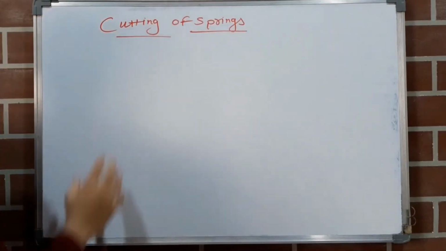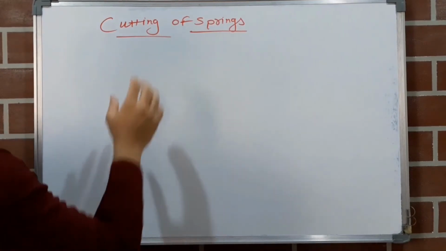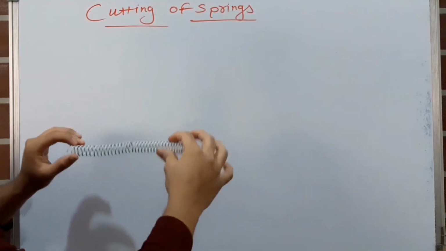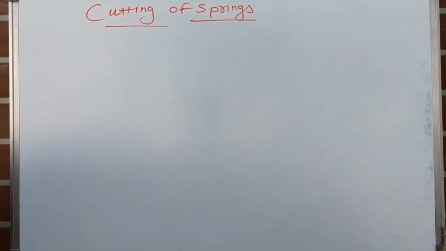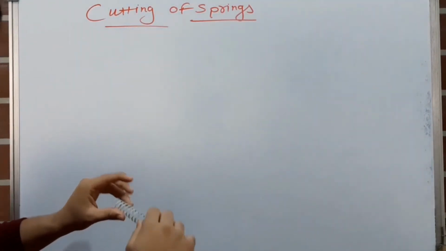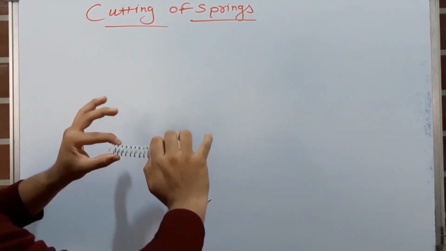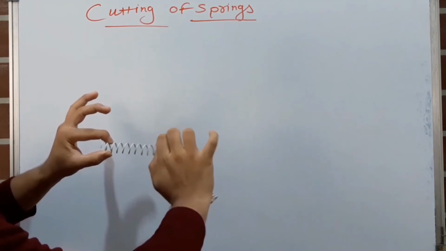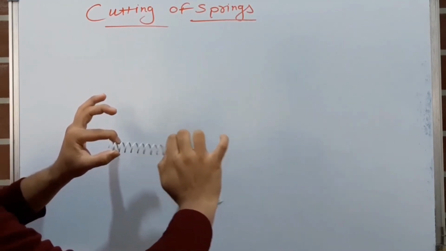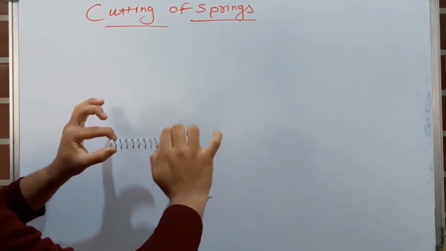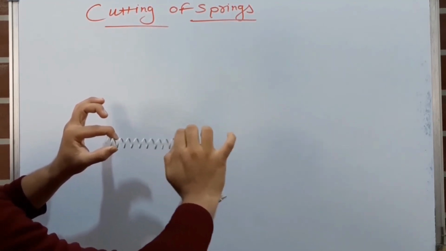Now we will see cutting of springs. When we cut a spring, its stiffness changes. If I cut this spring from here and apply a force, I can experience that this part of the spring has more stiffness, because I am applying more force.